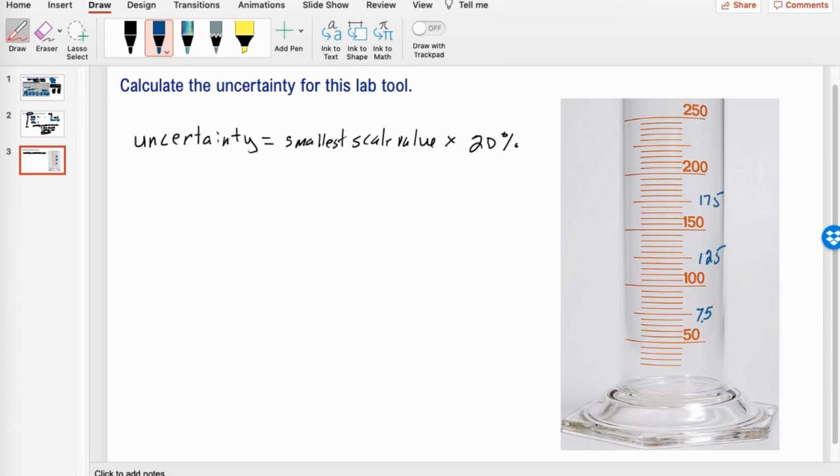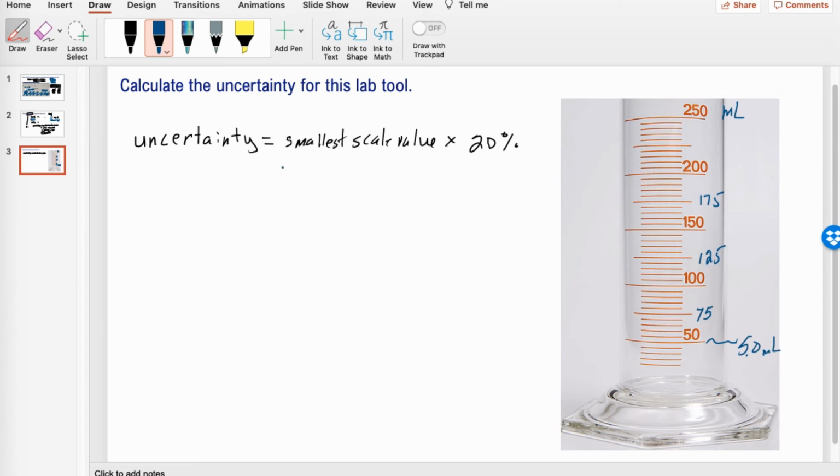So 1 is not it. So we have to count by a value that works, and you should be able to see that 5 probably is going to be useful here. So here's 55, 60, 65, 70, 75. So the smallest scale value for each of these lines is 5. And you should recognize this is a graduated cylinder, and that means 5 milliliters.